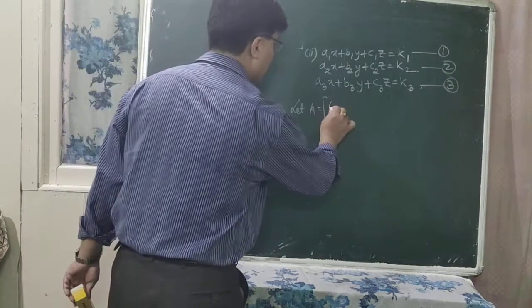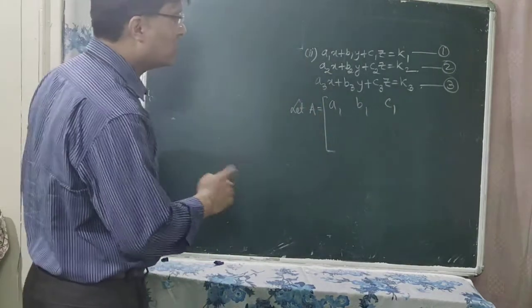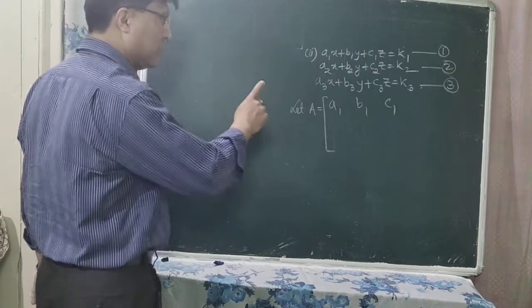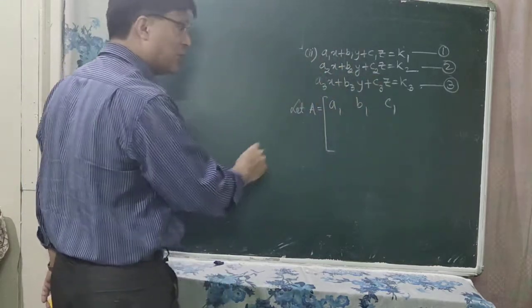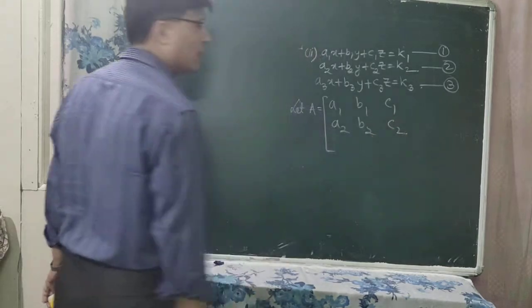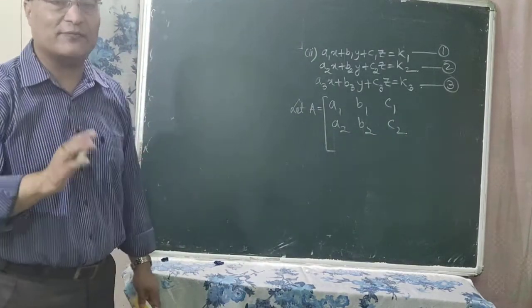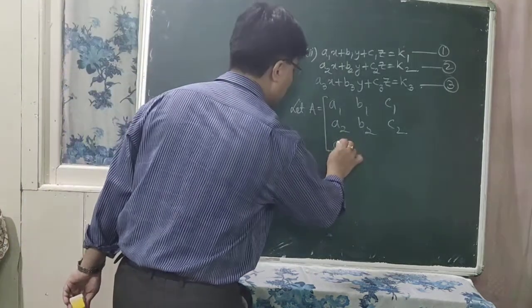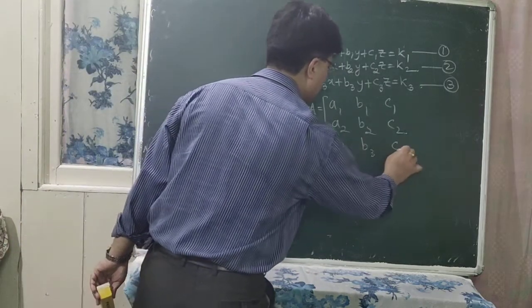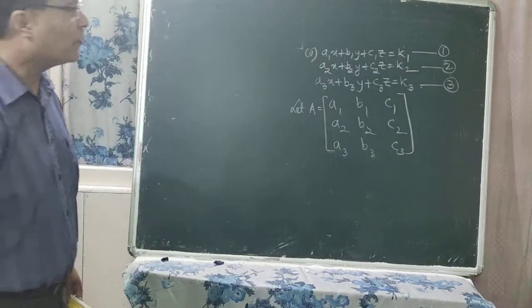That is, in the first row, A1, B1, C1, right? And in the second row, what comes? That is the coefficients of x, y and z from the second equation. That means you can write A2, B2, C2. And in the third row, what will be there? That is the coefficients of x, y and z from the third equation. That is your A3, B3, C3. So is that clear to all of you?